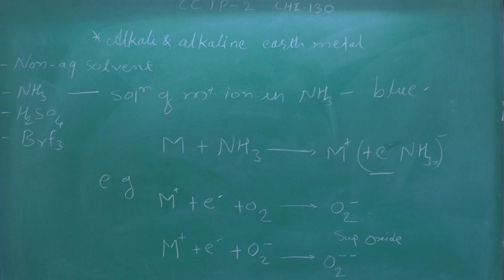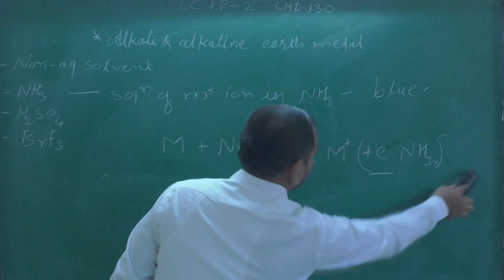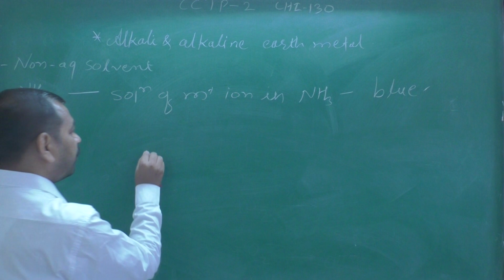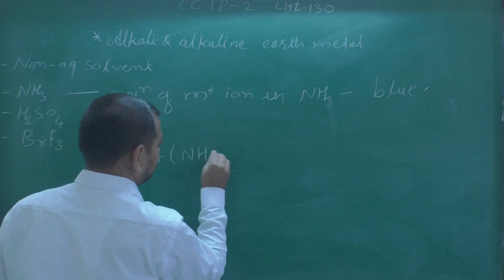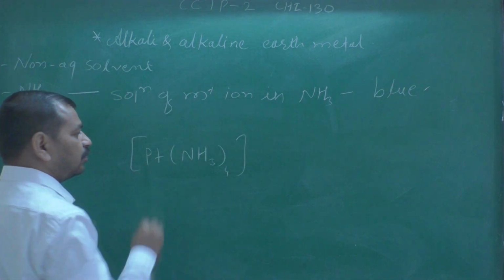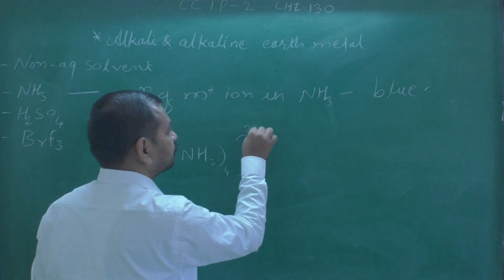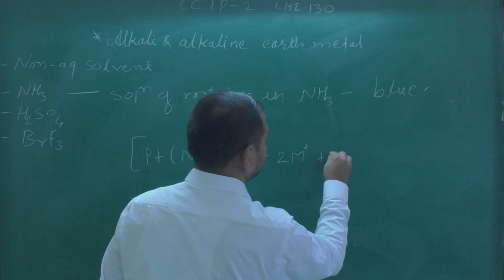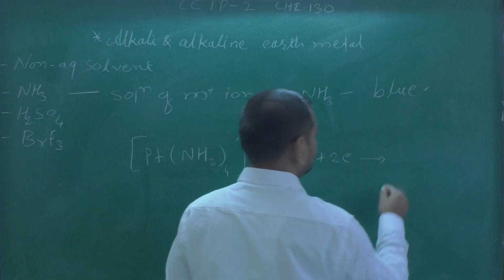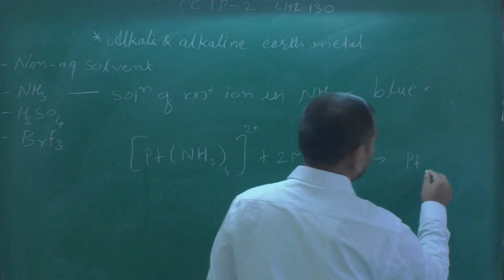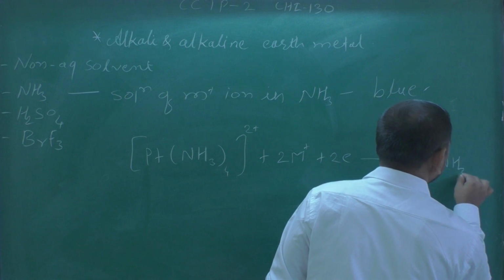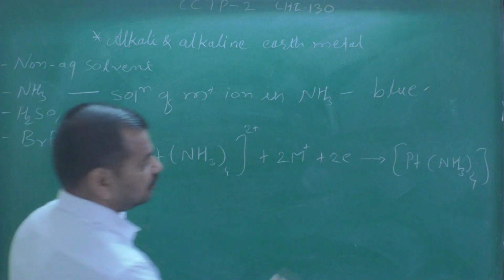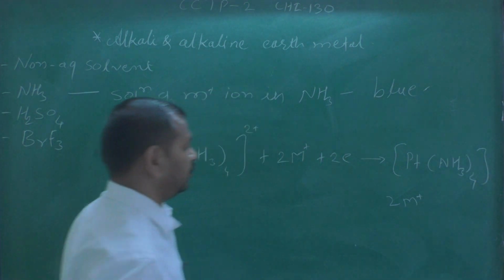Furthermore, as an example, they reduce a platinum complex such as platinum(II) complex, Pt(NH3)4 2+ plus metal ion plus 2 electrons, to form the reduced product and other byproducts.